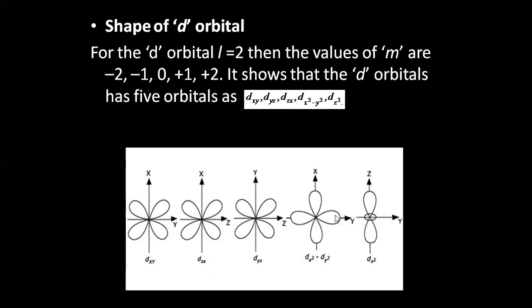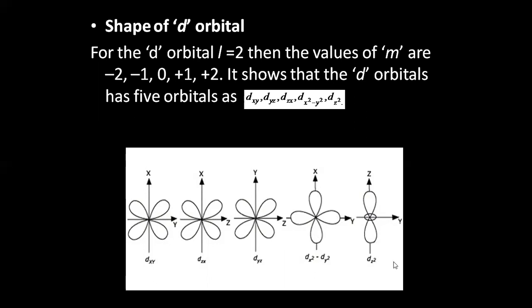You can also see a circular shape over there, which is the region of space where we can find the electron. That is also a part of the orbital.